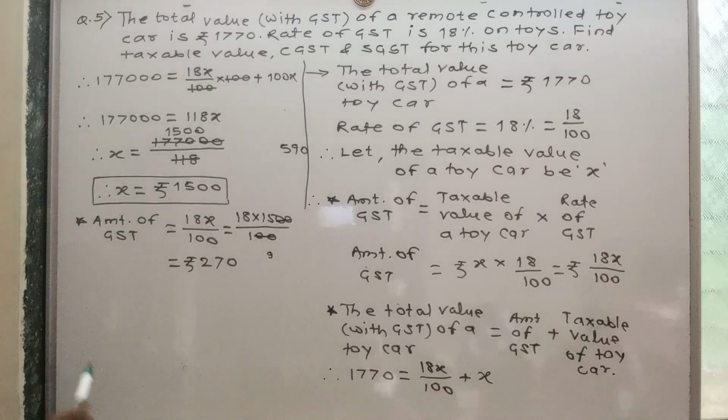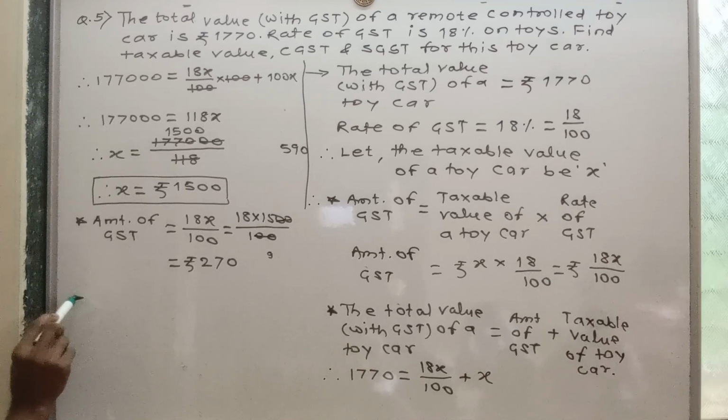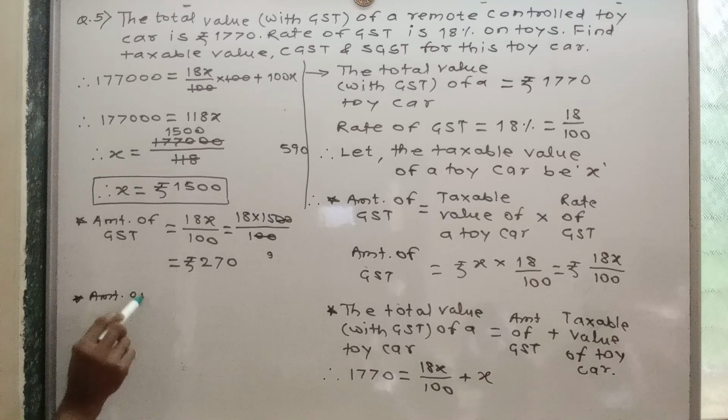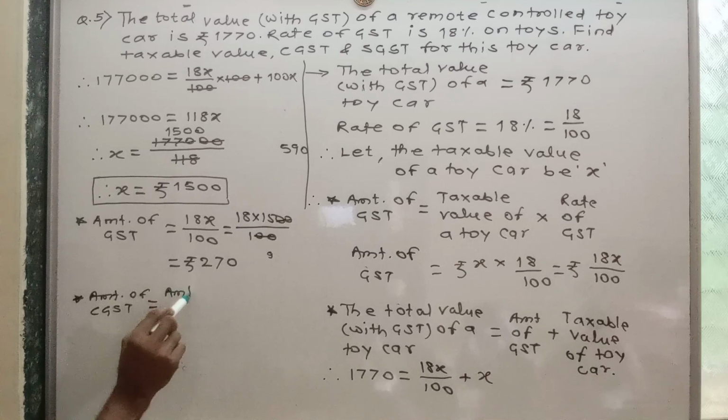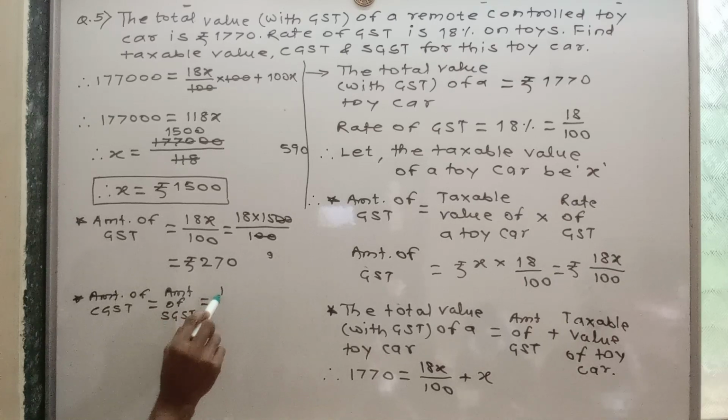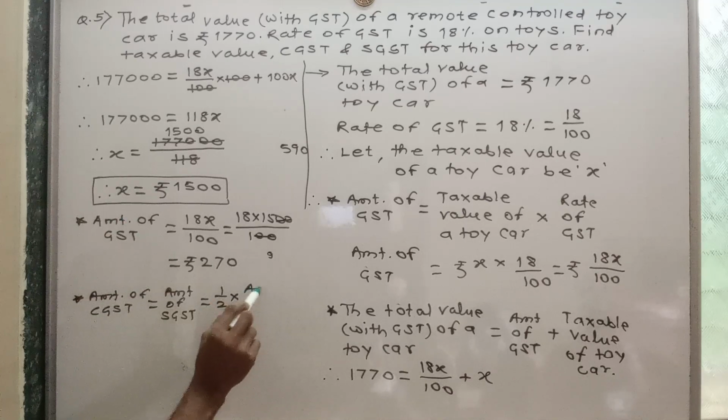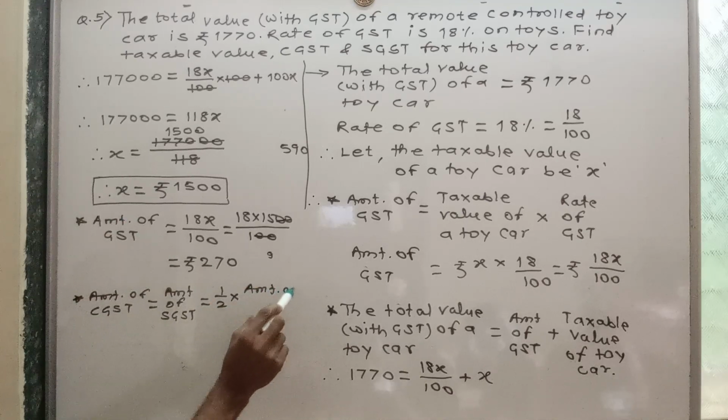Now next, amount of CGST is equal to amount of SGST is equal to half of the amount of GST.